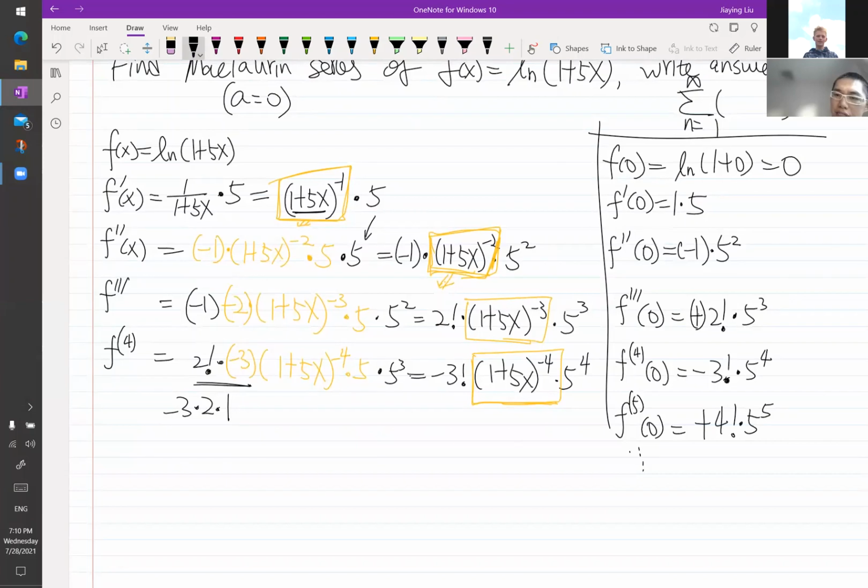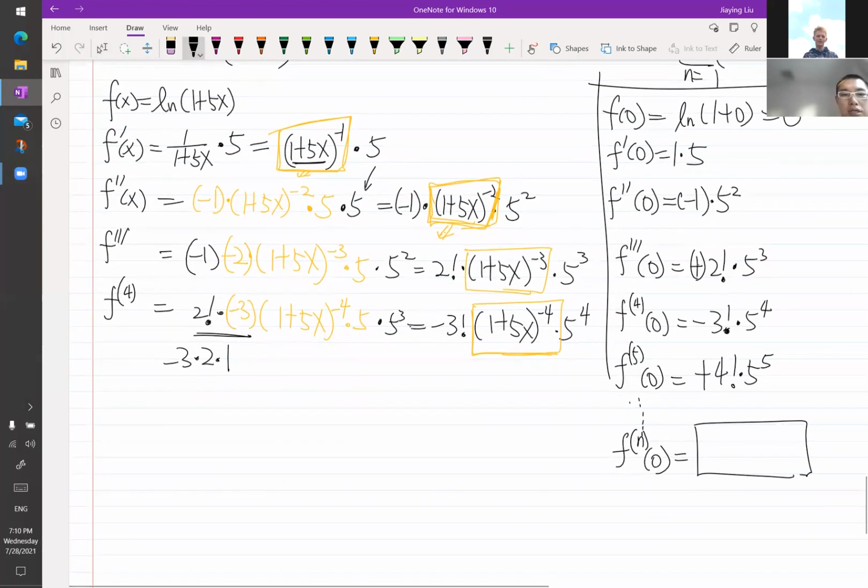You could generalize this formula and write down the nth derivative evaluated at 0. That will give you a formula which you can use directly in the Maclaurin series formula. Or you can just write down the expanded form and then come up with the new sigma notation, either way.